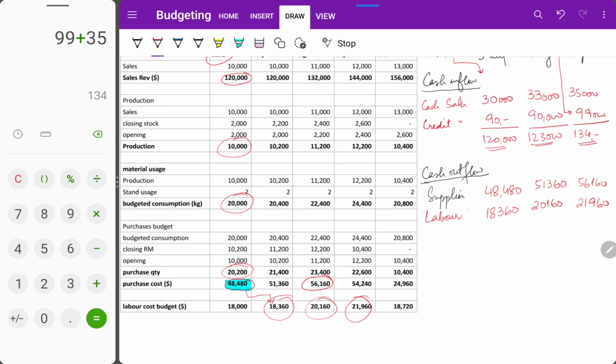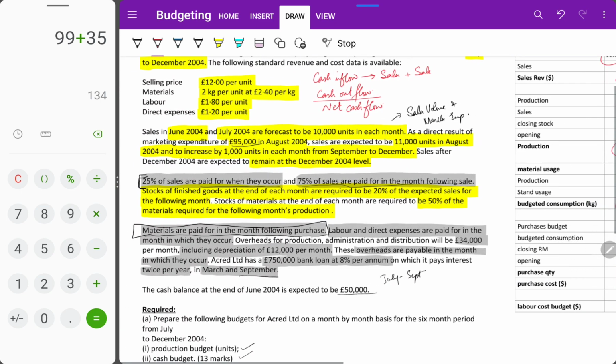Direct expense I forgot to calculate, so you just need to multiply 1.2 with the number of units. And then there is a marketing expenditure which the company was expecting in August, and that is 95,000.